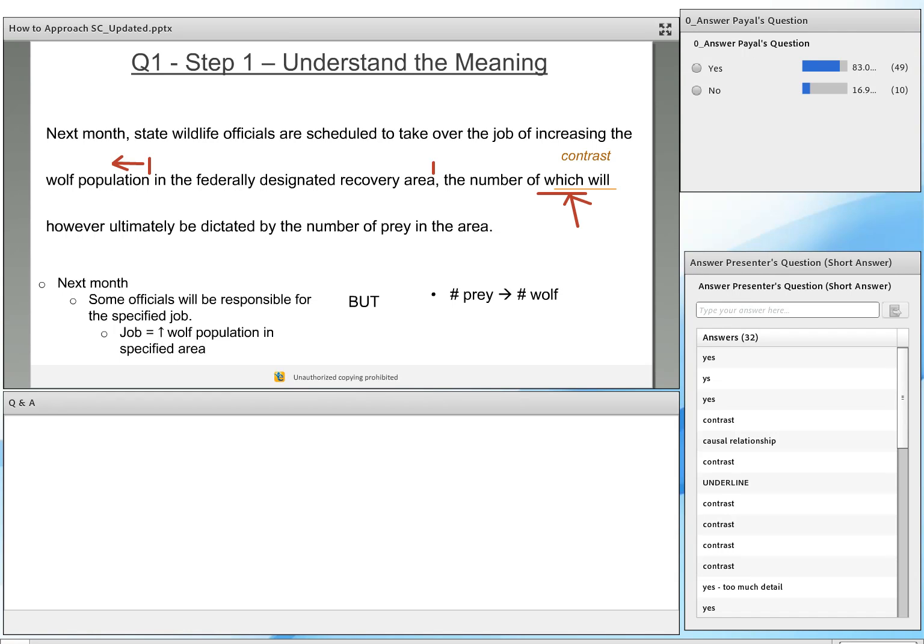Which talks about the wolf, because again, the sentence is about increasing the wolf population, the number of wolves. So if the author is talking about the number of which here, he must be talking about the number of wolves here.